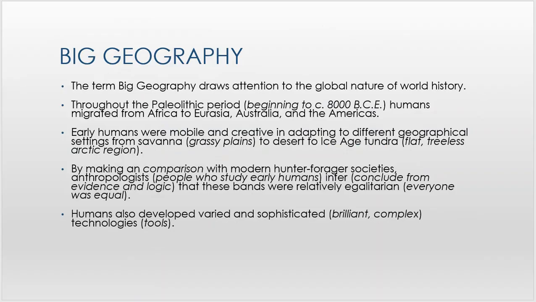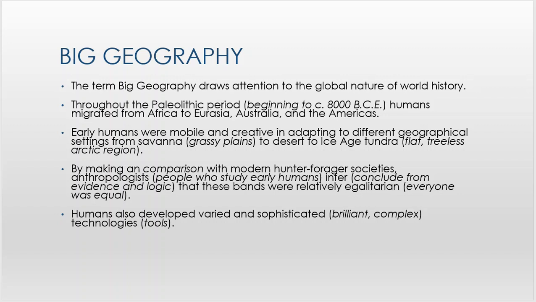So the first thing you need to know is an idea called big geography. It's a term that draws attention to the global nature of world history. Throughout the Paleolithic period, which began a long time ago, we'll say about 2.5 million to 8,000 BCE, humans migrated from Africa to Eurasia, Australia, and the Americas.